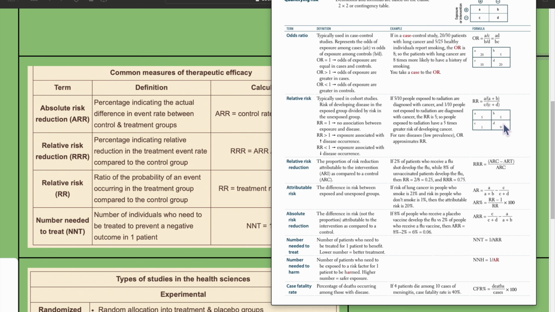Okay, so I've got the calculator. What am I doing here? I lost myself here.